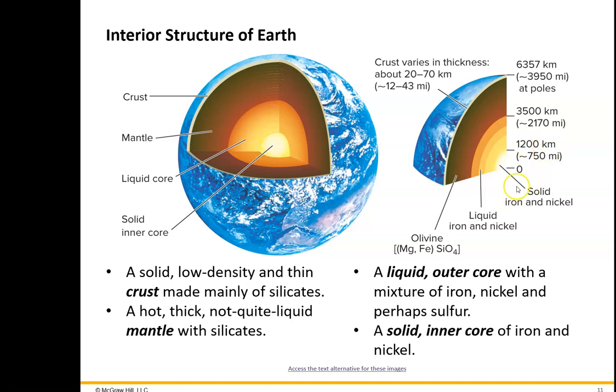All right, so let's see. If you looked at it from the side, this little cutaway right here, the inner core is about 1,200 kilometers from the center. And then this outer core, remember, this is like a shell of material, is from 1,200 to 3,500 kilometers.